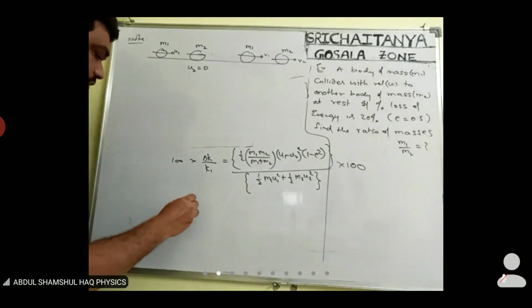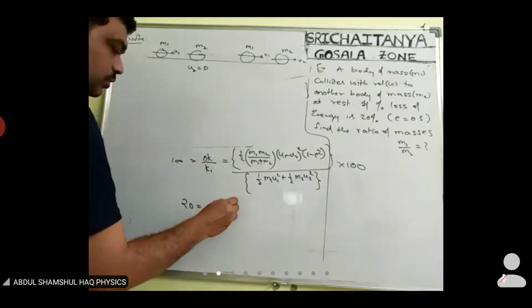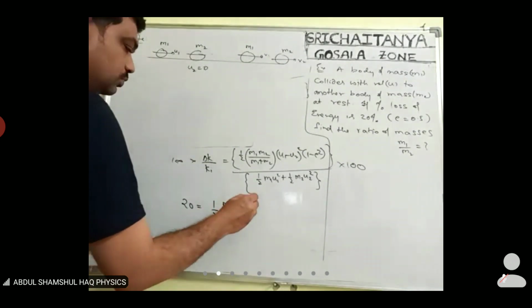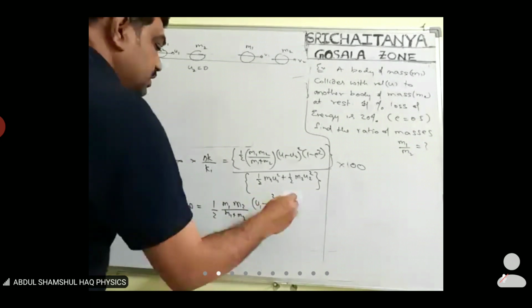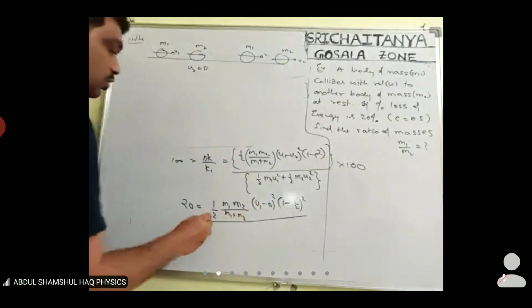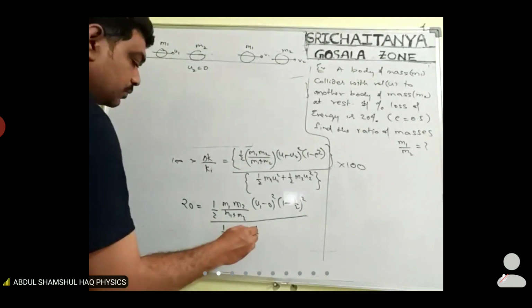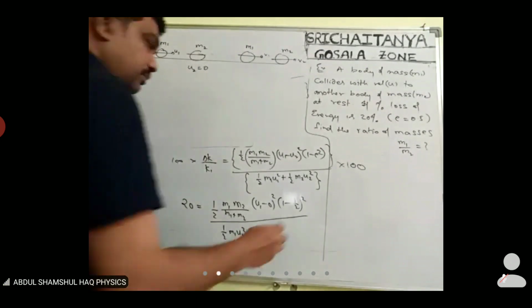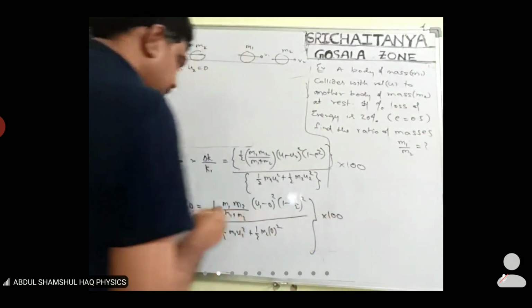So 20 is equal to half m1 m2 divided by m1 plus m2 into (u1 minus 0) whole square into (1 minus (1 by 2) whole square), whole divided by half m1 u1 square plus half m2 into 0 square, into 100.